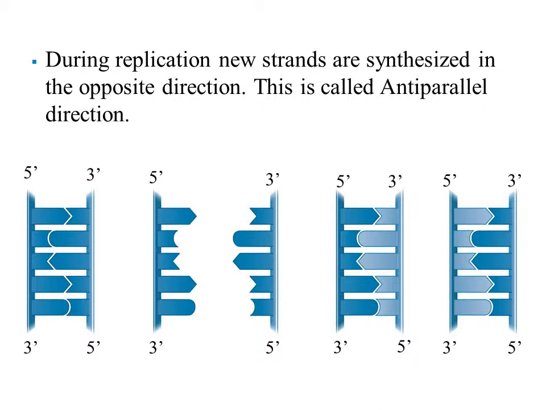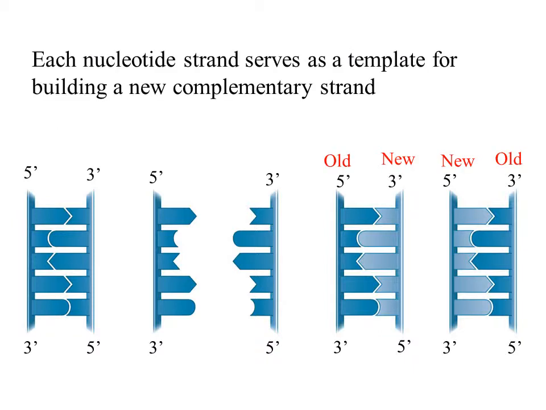Then once we have severed that connection, we can then put new strands in between. Those new strands will be complementary to the other strand. Each nucleotide strand serves as a template for building a new complementary strand. Notice that the old strand and the new strand move in opposite directions. That's what the numbers stand for, 5 prime versus 3 prime.